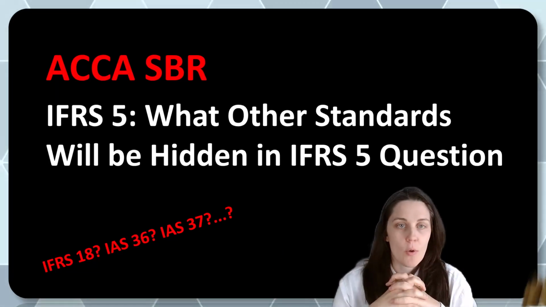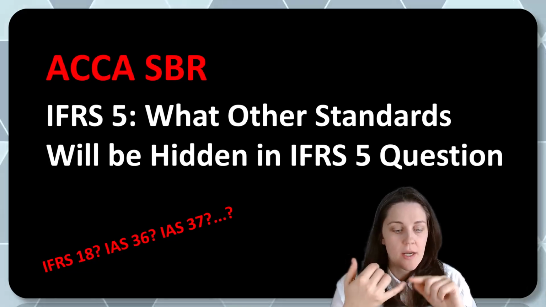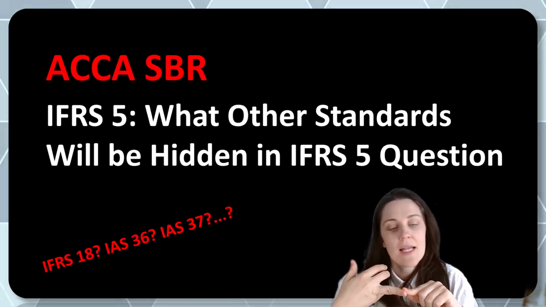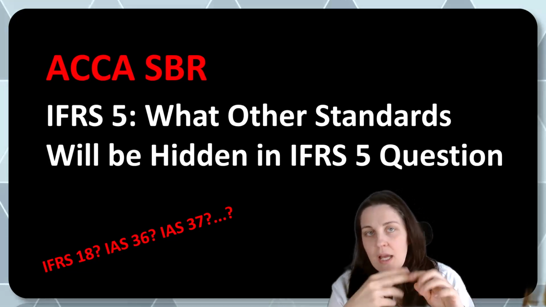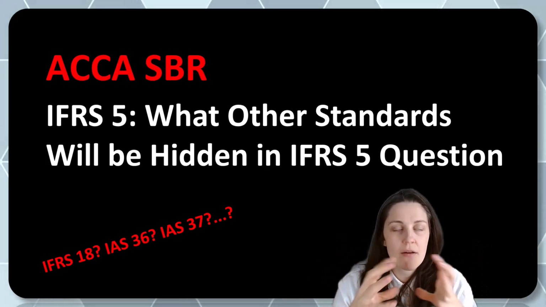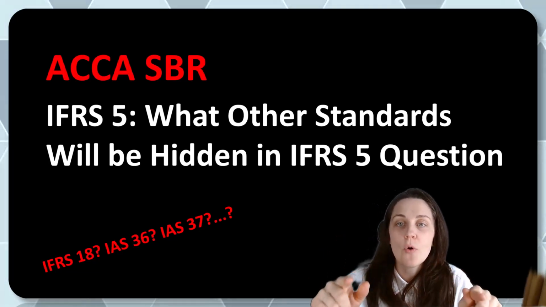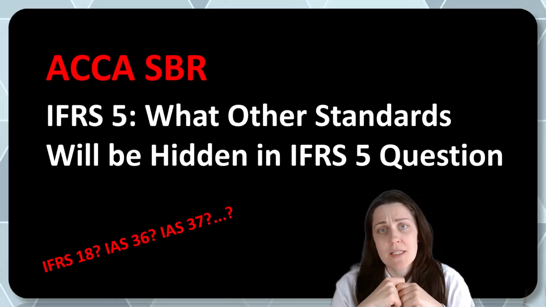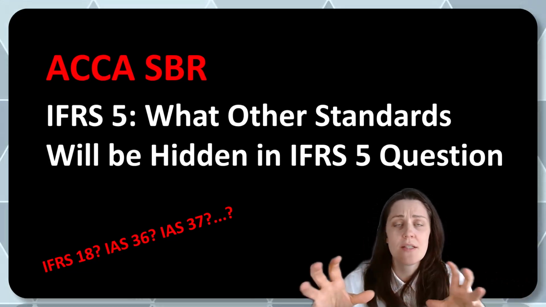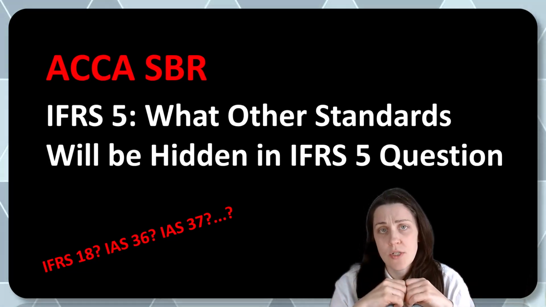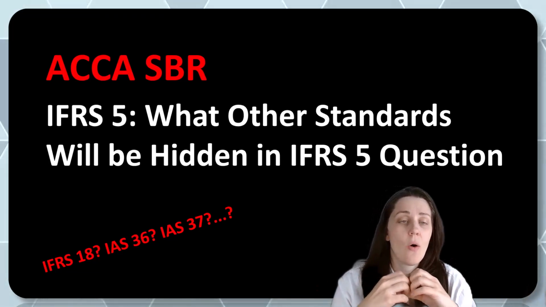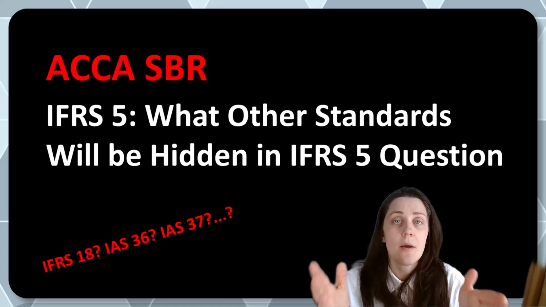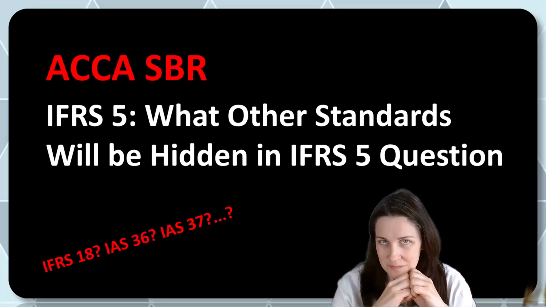Okay, so we've discussed IFRS 18, where it is located, IAS 36, that this is an indicator of impairment. IAS 37, well, this will make us recalculate provision. Of course, we're going to look at IAS 10, so we're going to look at whether this is an adjusting event or not adjusting event, that we have located the customer later, or that, let's say, the asset was sold and so on.